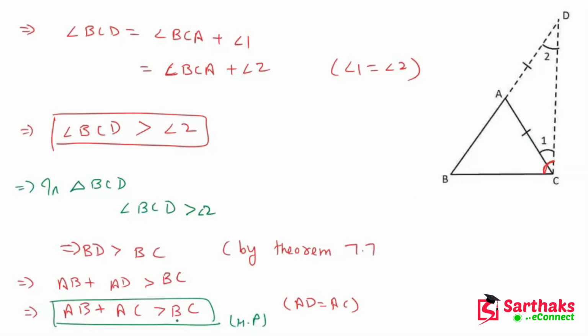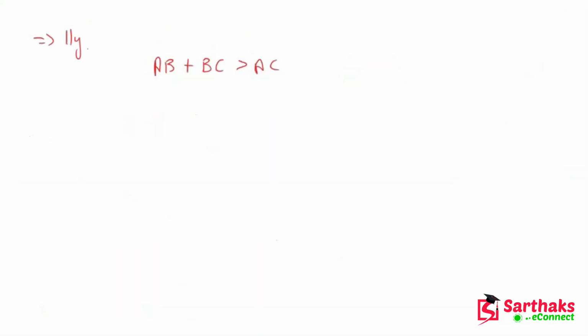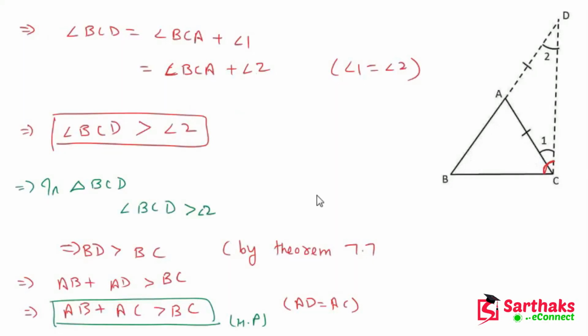Hence proof. Similarly, we can also prove that AB plus BC is greater than AC, or that AC plus BC is greater than AB.